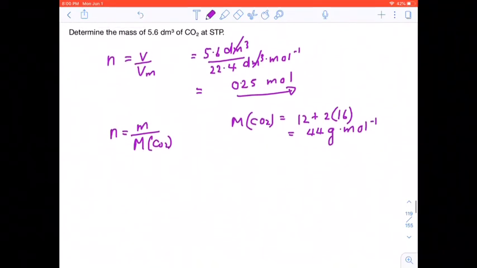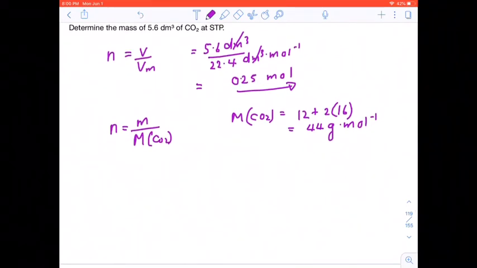So if we want to know the mass, m is equal to n times M of CO2.